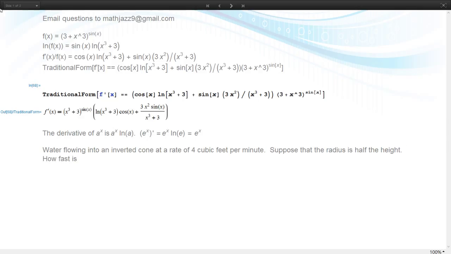How fast is the depth of the water increasing when the depth is, let's say, 4 feet? Okay, so let's do this problem.